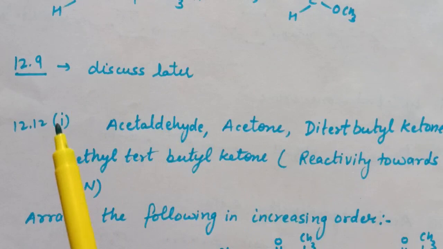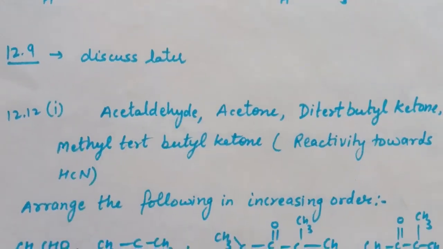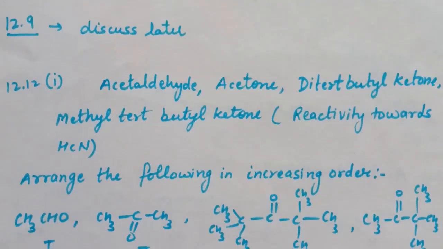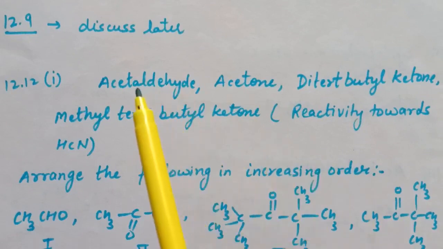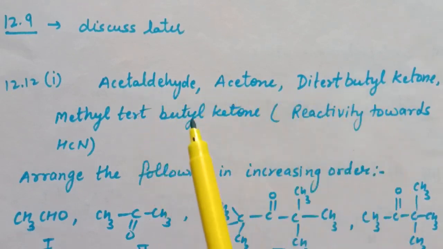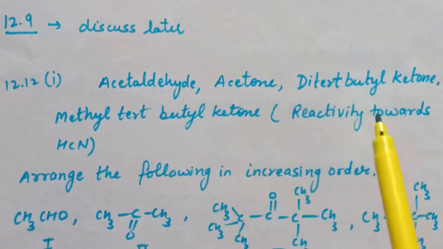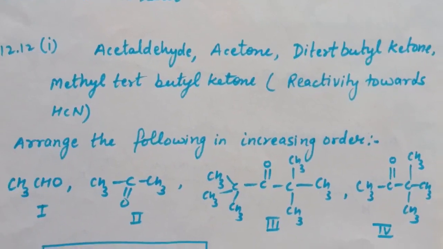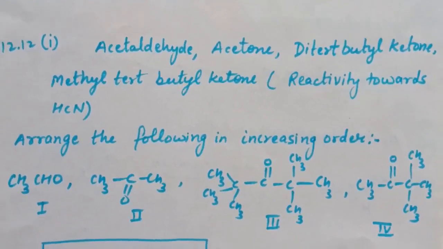Now question number 12.12, first part. Arrange the following in increasing order of the property indicated: acetaldehyde, acetone, di-tertiary butyl ketone, methyl tertiary butyl ketone, reactivity towards HCN. Here are the structures of these four compounds.